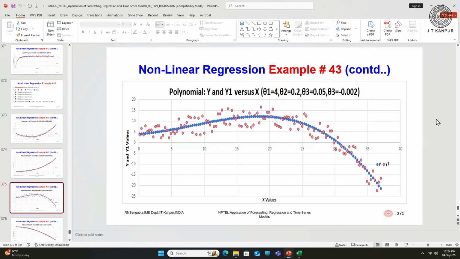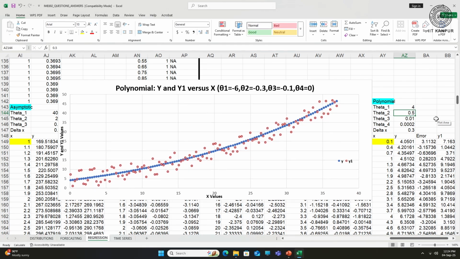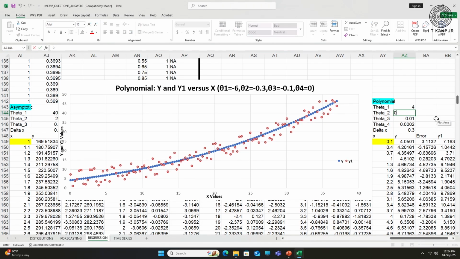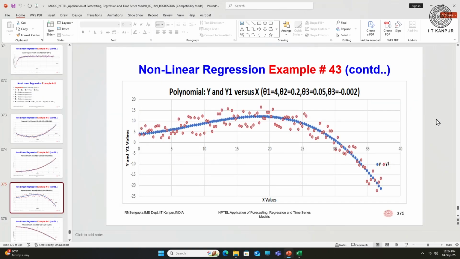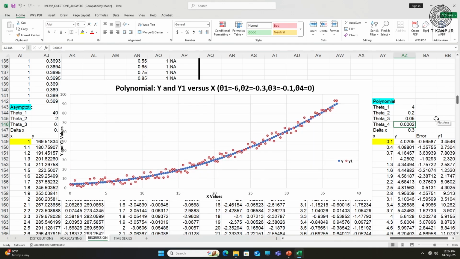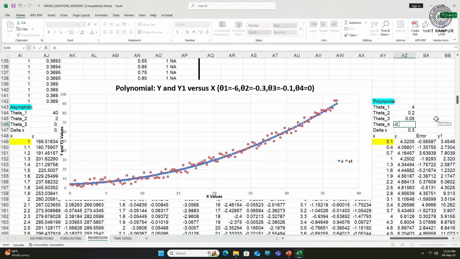Now, interestingly, the curve totally changes for different combinations. Let us make theta 1 4, then theta 2 as 0.2, theta 3 as 0.05, and theta 4 as minus 0.0002.